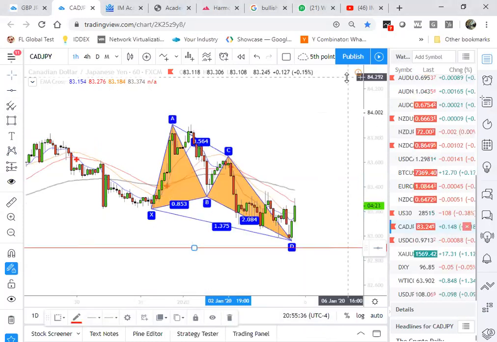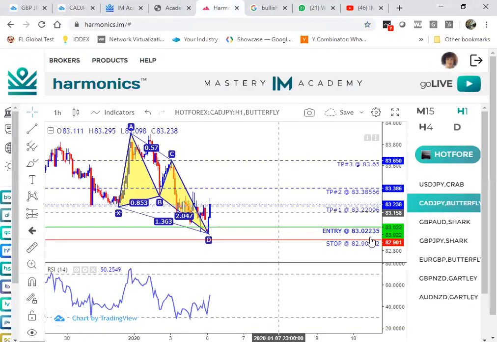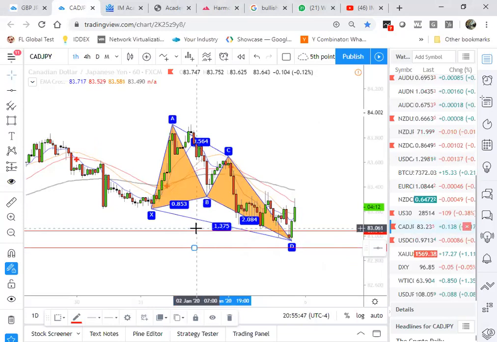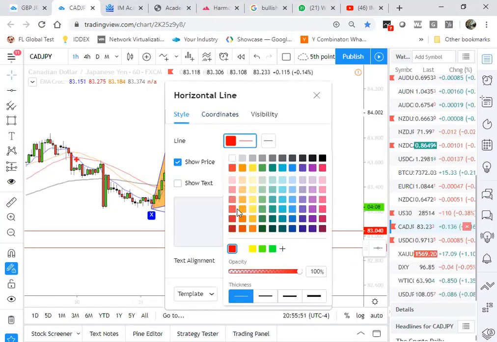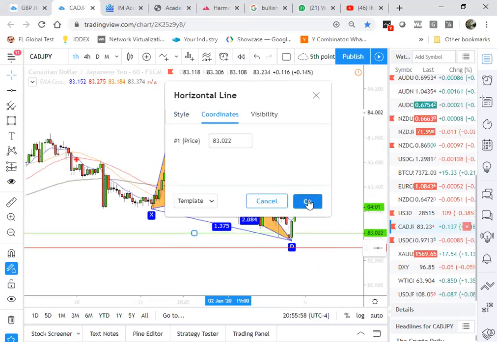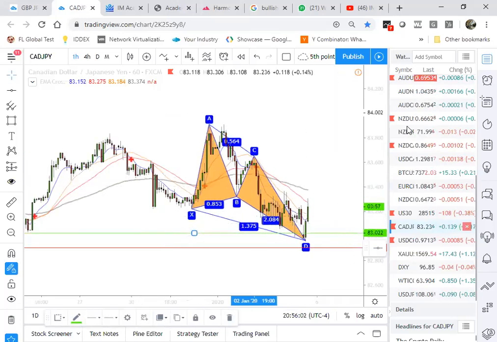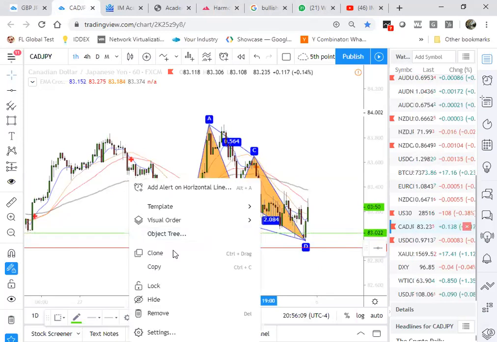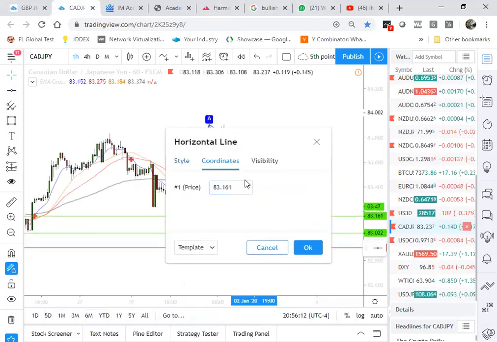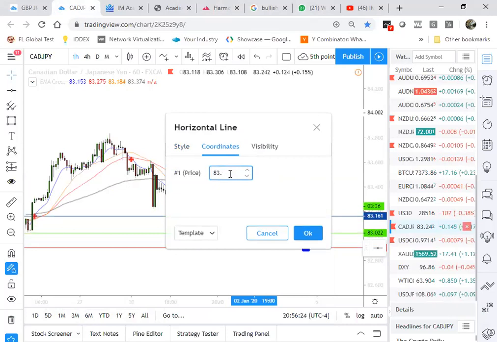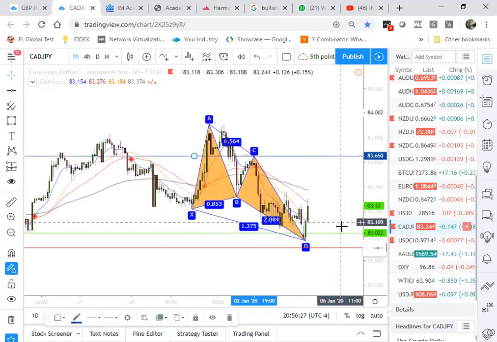My entry will be 83.022. And my take profit 3 will be 83.650. That's my take profit 3.